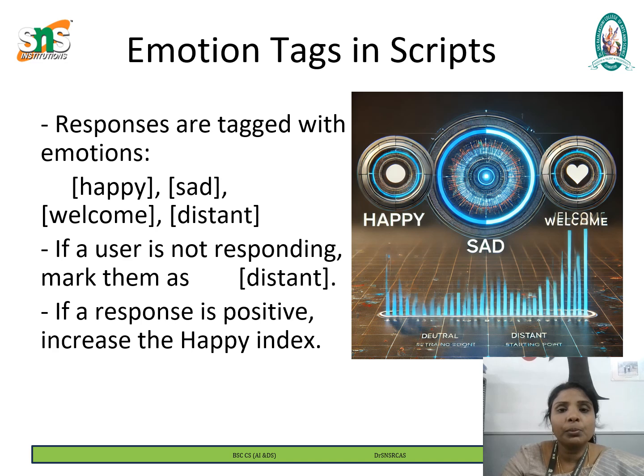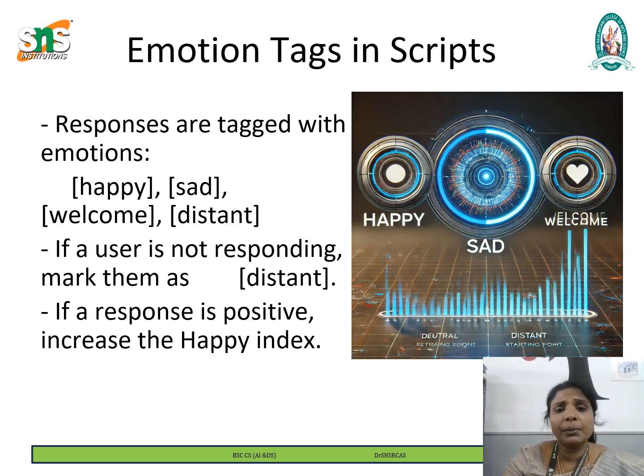If a student's response is positive, enthusiastic or expresses satisfaction, it should be marked as happy. This can indicate that the student is enjoying the lecture or finding the content useful. Additionally, when such responses are received, the happy index should be increased to track overall student sentiment.